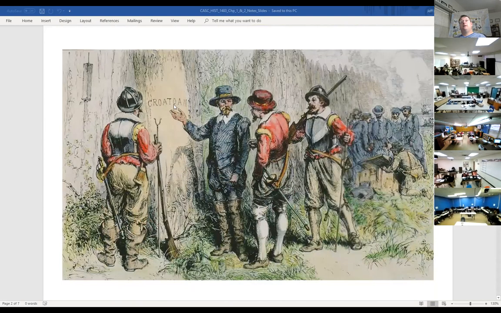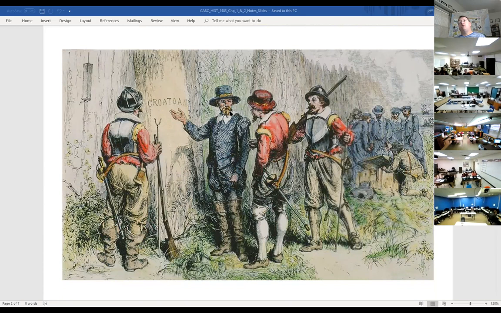The only thing that John White and his men found was, on a plank that was part of the fortification, the word Croatoan. And there was also another tree that had CRO.